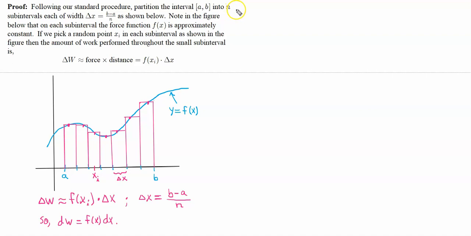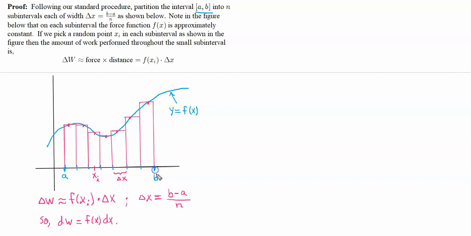So here we have the proof of this theorem. We have an object that moves from position a to position b. We're going to take the interval ab and break it into little tiny subintervals like we have pictured down here. The object is located at position a initially. We push on it with a variable force.